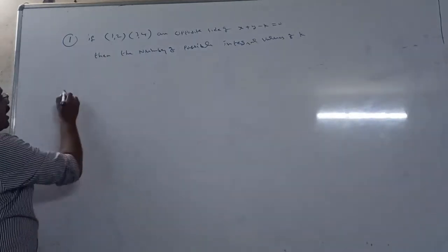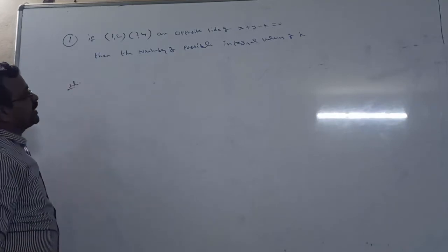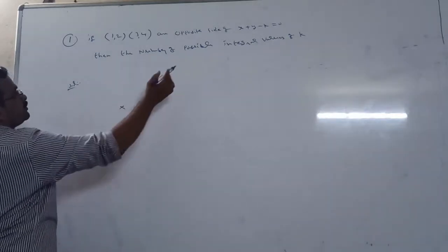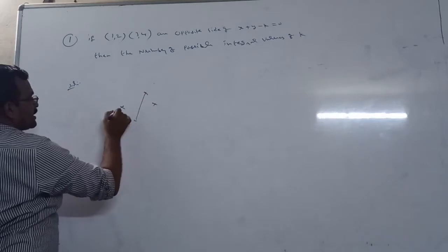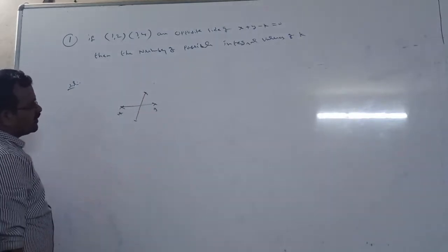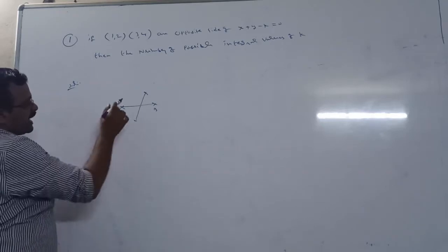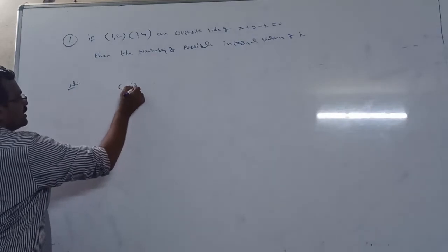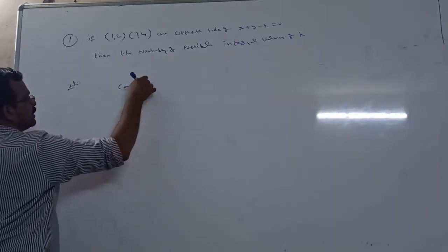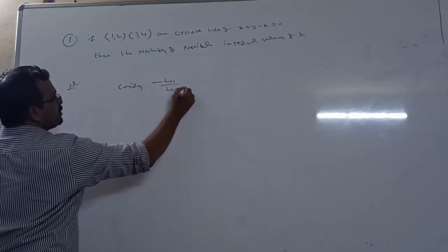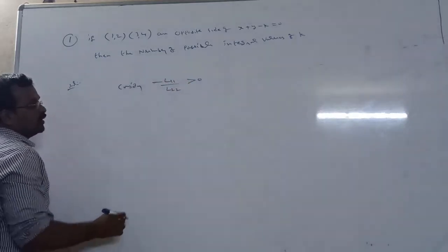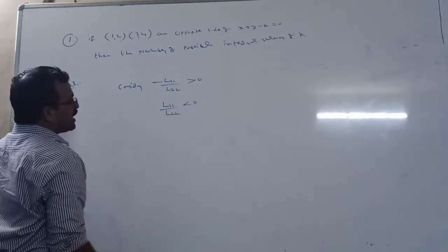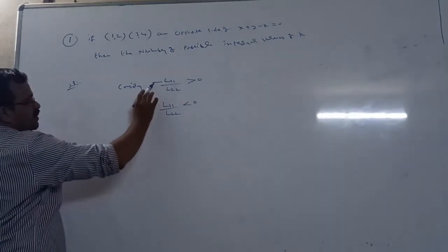These 2 points are on opposite sides of the line. Opposite side of the line is like this. In this one, the line is internal, which means the ratio should be positive. So consider minus L11 by L22 is positive. Change the signs: L11 by L22 less than 0, and change the inequality since the minus sign moves to that side.